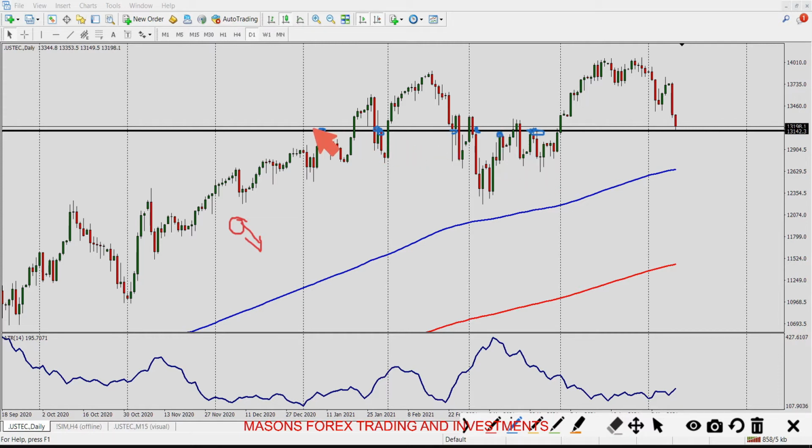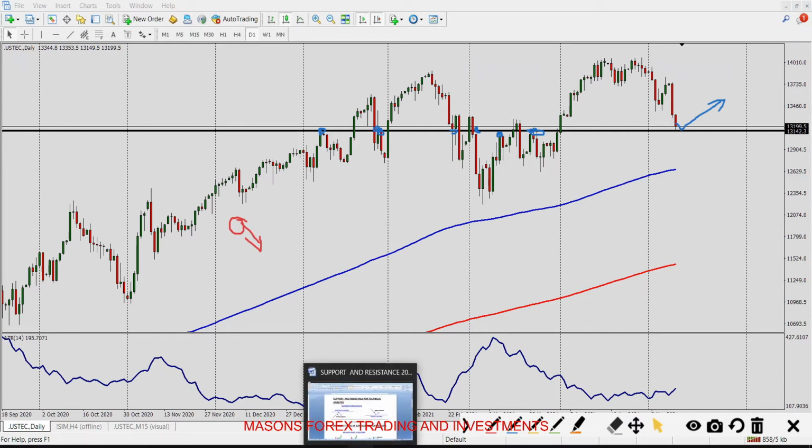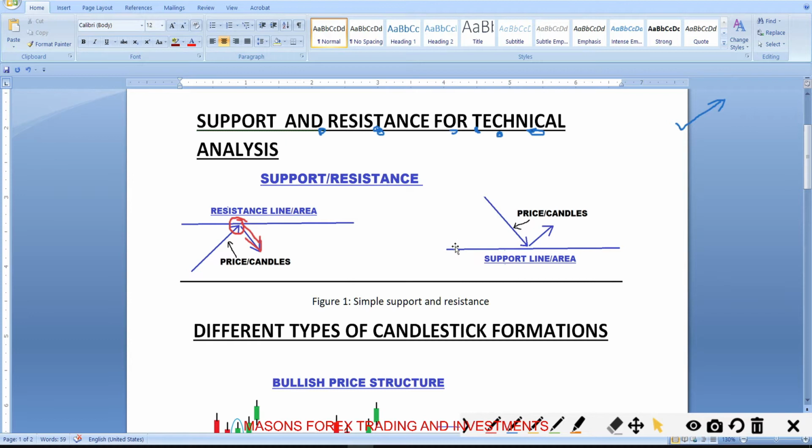So with this line being placed here, we could say we're looking for some sort of reaction to take us to higher prices, because the line that I've placed on the chart represents a support line or area.